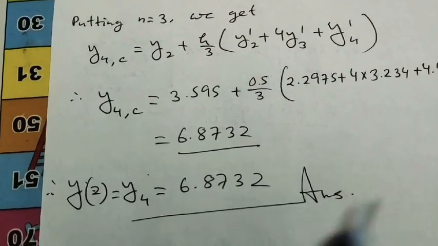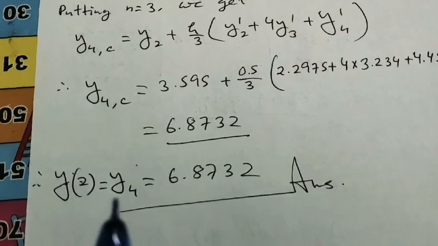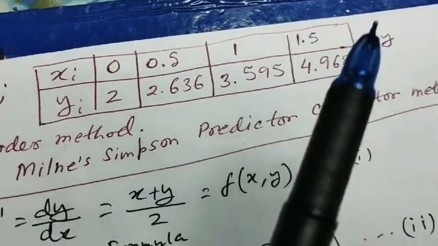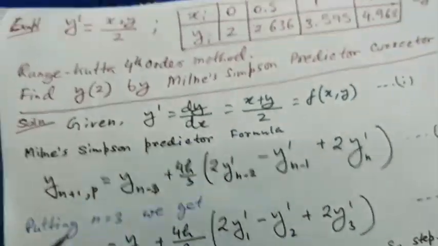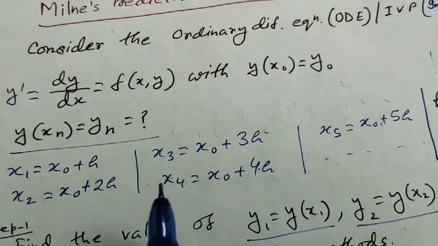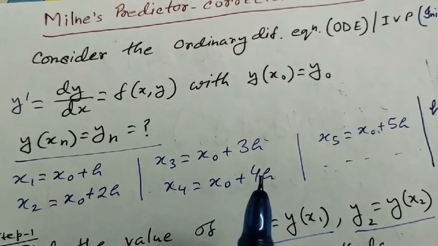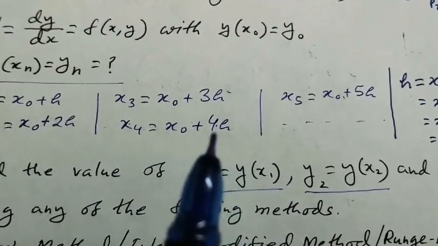We don't have to find y dash anymore. Why? Because after 1.5, if we add the step size, to find the value of x4, it will become x0 plus 4h, or x4 is x3 plus h.